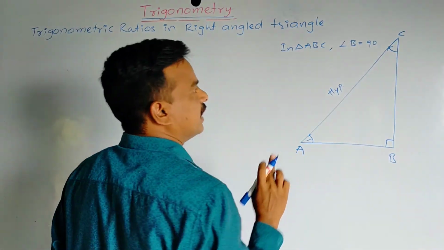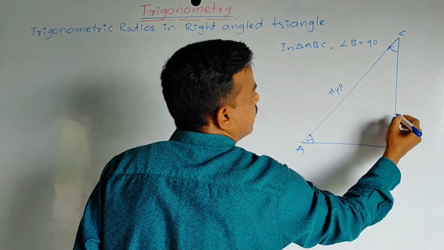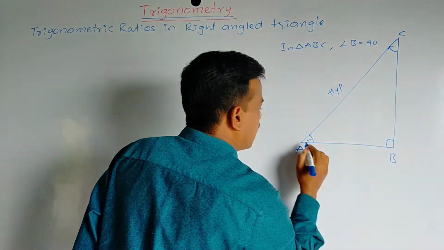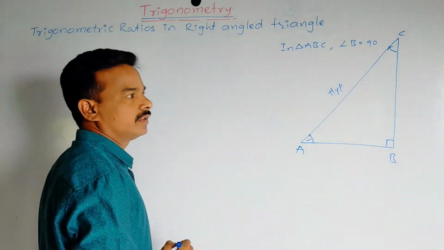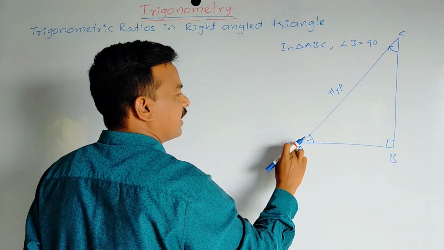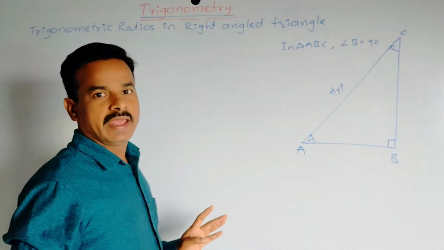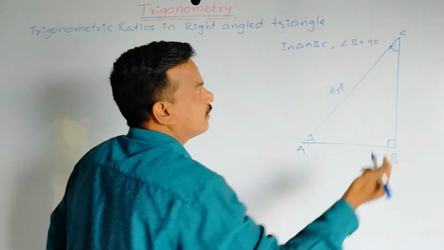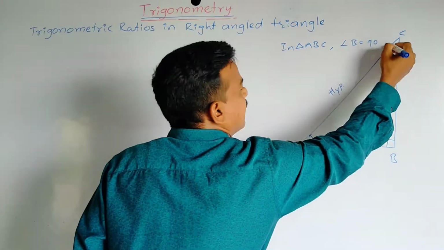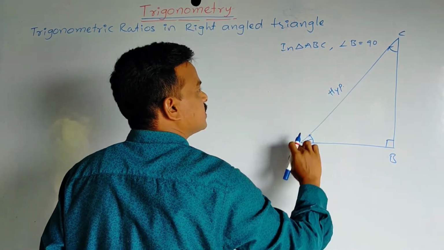According to angle A, side BC is the opposite side, and AB is the adjacent side of angle A. That means side BC is the opposite side of angle A, and AB is the adjacent side of angle A. Likewise for angle C: angle B is 90 degrees, so AC is the hypotenuse.